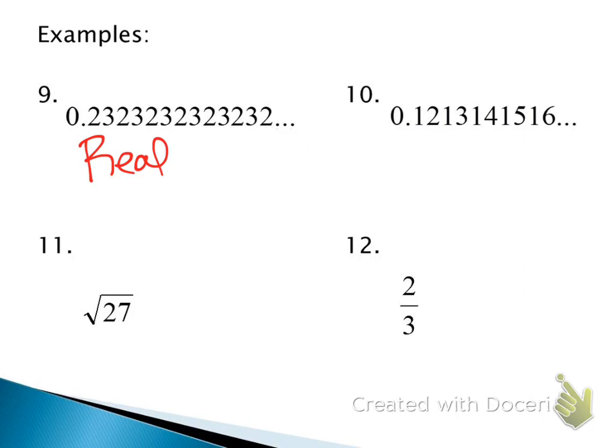And remember what we said on the front. If it repeats, it is rational. The ones that don't end and don't repeat are irrational. But if we can see a clear pattern early on that continues out, then we would say it is rational.